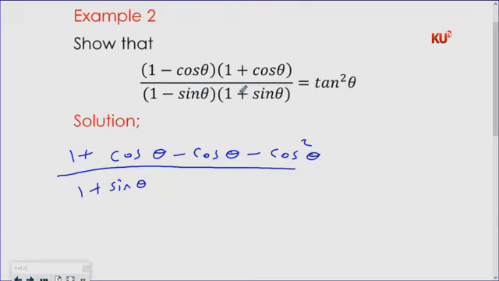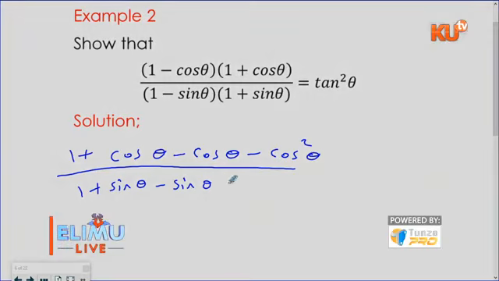Negative sine theta times 1, you get negative sine theta. Negative sine theta times positive sine theta. You did this in Form 1, integers. So negative being multiplied by positive, you get negative sine squared theta.